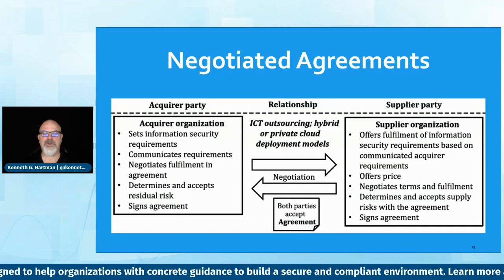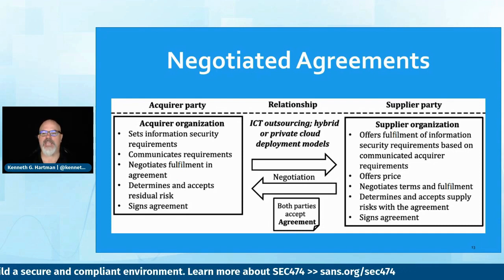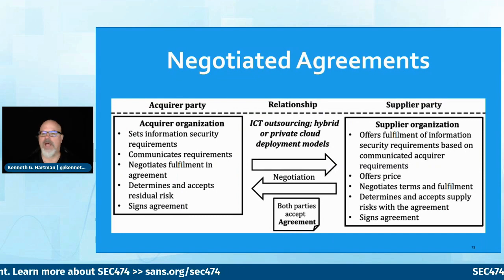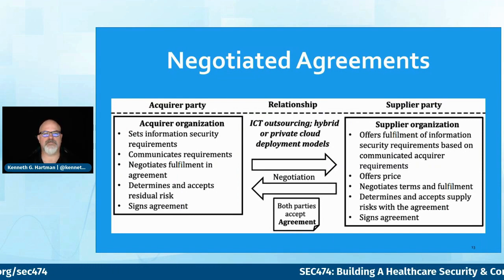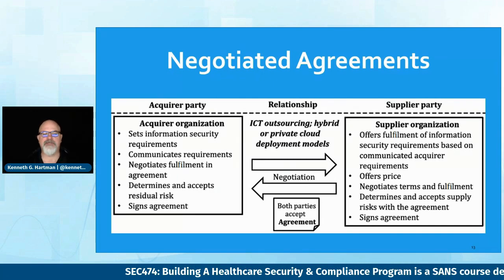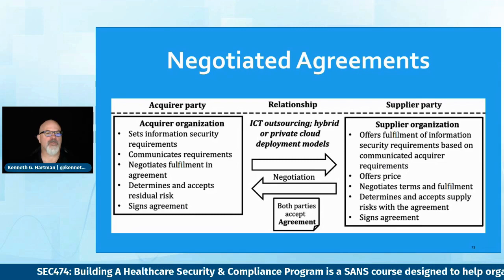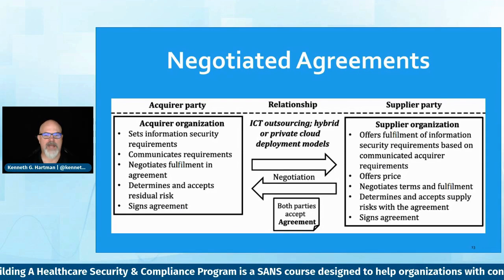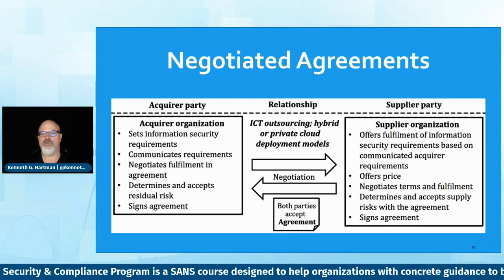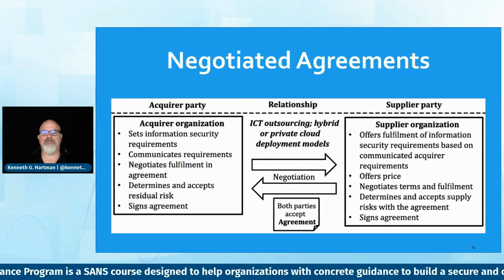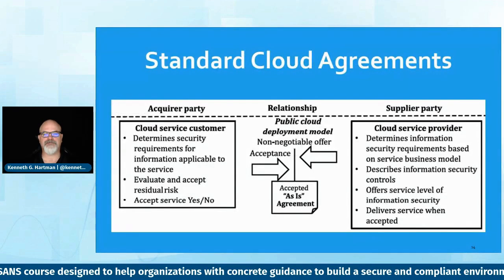And from my experience, most healthcare organizations are used to working with negotiated agreements. For example, when they're implementing a new health information management system, maybe it's an Epic system or whatever, right? So you'll go back and forth, often in Microsoft Word, redlining things that you want to have changed in the contract till you agree upon something that both companies can support.